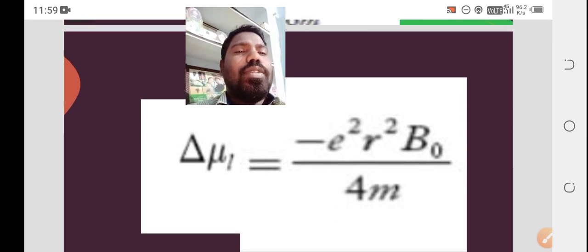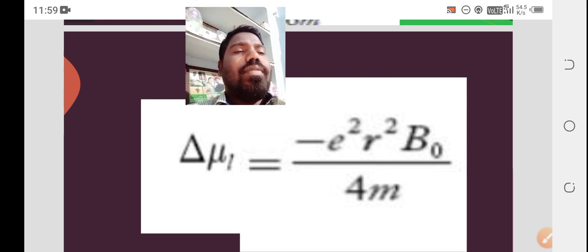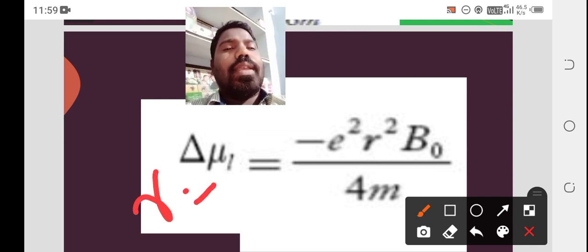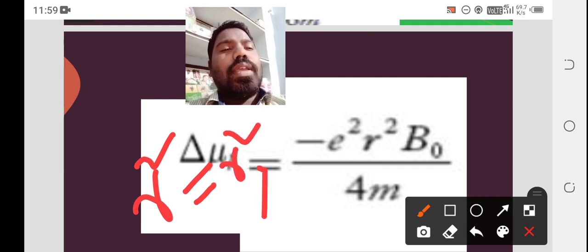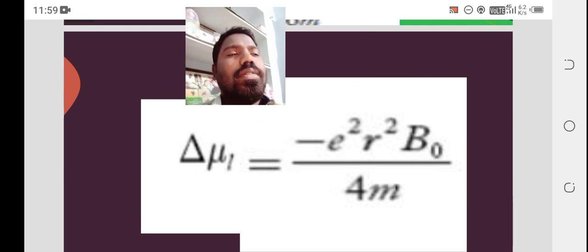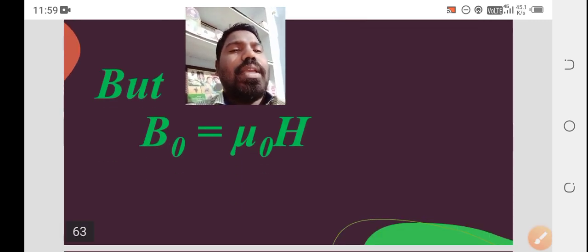So this is about the change of the dipole moment. Here r you consider from the spherical shape concept, that is r square equal to r square x plus r square y, which is 2 by 3 r naught square. Is it right? So replace here. But what is B naught?